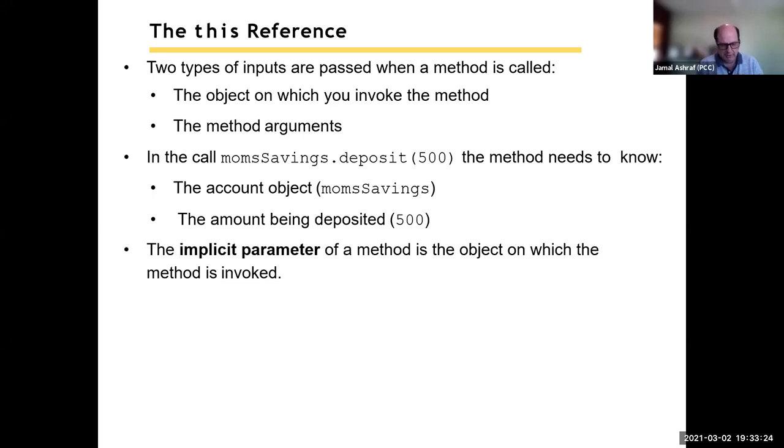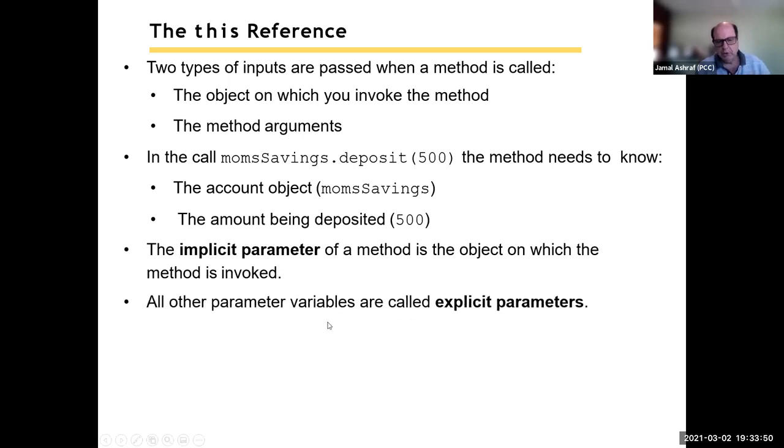It is already given. So when I call this deposit method inside my class, I'm going to say balance equals balance plus deposit amount, or whatever it is. So I don't mention the name of the object, even though I'm referring to the object that I'm working on.